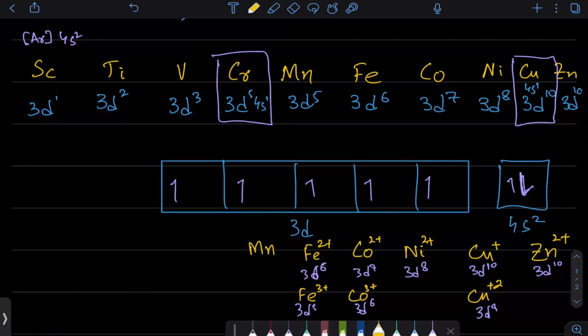Let's continue. Manganese. Manganese is very versatile. It has not very high effective nuclear charge. Iron ke baad, it becomes really a pain for the iron to lose any more electrons because of strong effective nuclear charge, minimal shielding. But manganese ke case mein, there's a very strong balance there. So uski wajah se kya hota hai ki manganese, which is like this right now, in dono ko remove kar sakta hai. It does that.